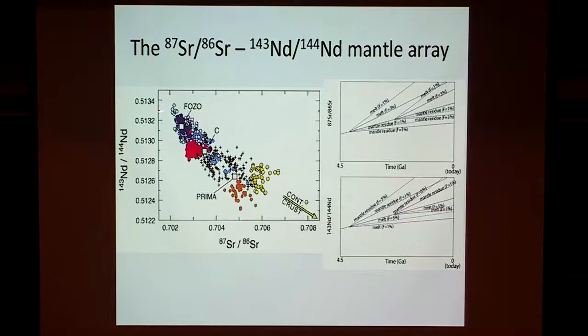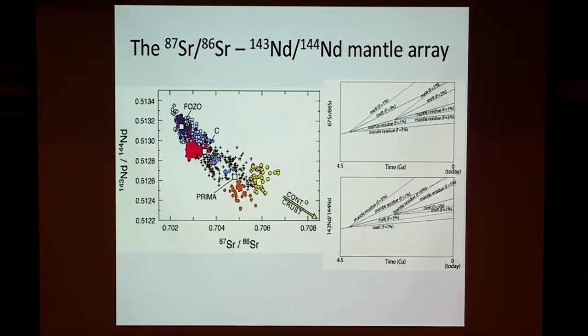So here you go, high 143/144, low 87/86 strontium. On the other hand, continental crust plots way down over here, off the figure. Continental crust is the ancient melt extracted from the mantle. The melt should have high 87/86 strontium and low 143/144. Sure enough, you have low 143/144 and high 87/86 strontium.